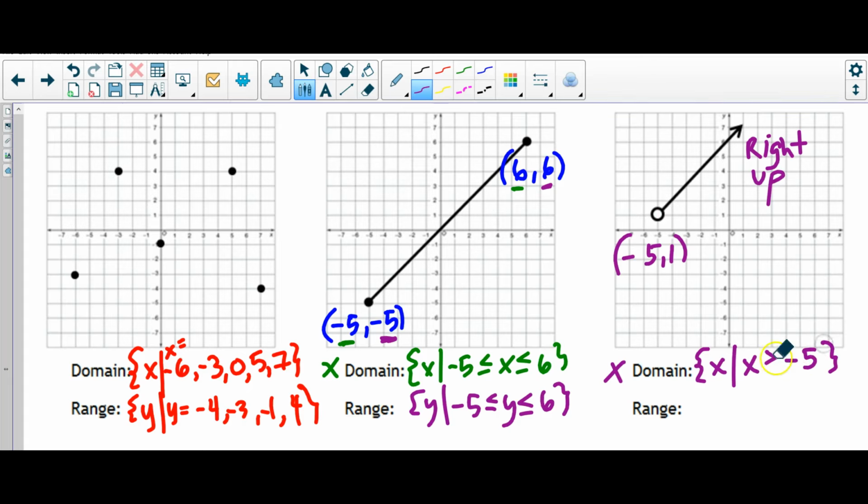And this is an open circle, so we leave it as just greater than. For range, our y values: we're going all the way up, so our values are increasing, which indicates a greater than sign. They do have a lowest point though, so our lowest y value is at 1. So this would be y such that y is greater than 1.